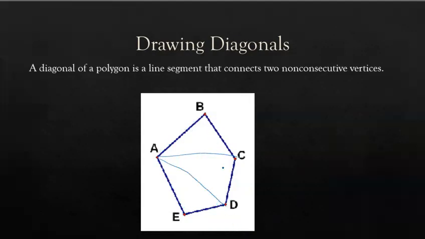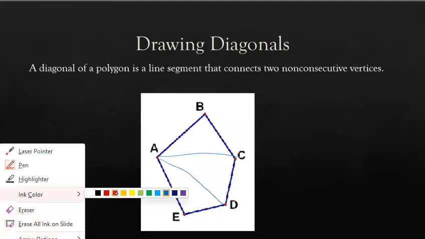So a pentagon has 5 sides. At any one point, you're not going to be able to draw to its own point, and you're not going to be able to draw to the 2 points next to it. So with 5 vertices, you're only going to be able to draw 2 different diagonals from that one point. However, we can draw diagonals from every vertex.